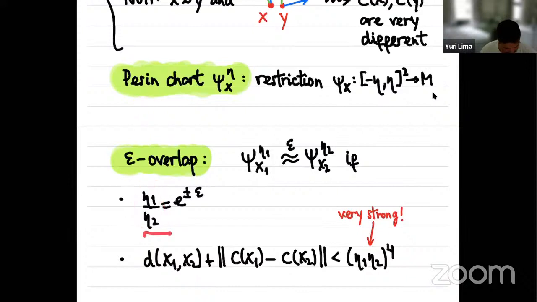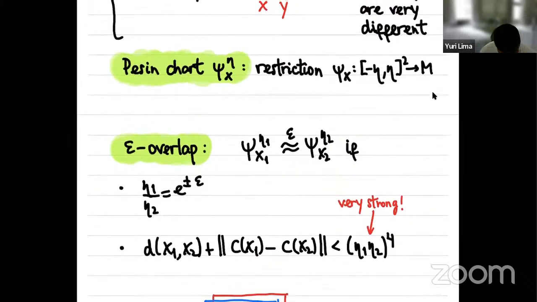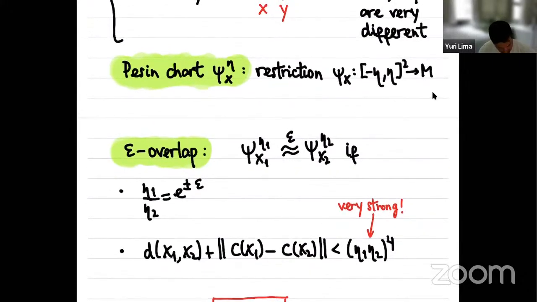So this notation here just means that this quotient is between e to the minus epsilon and e to the plus epsilon. So this quotient is very close to 1. And here is the more difficult assumption to hold.